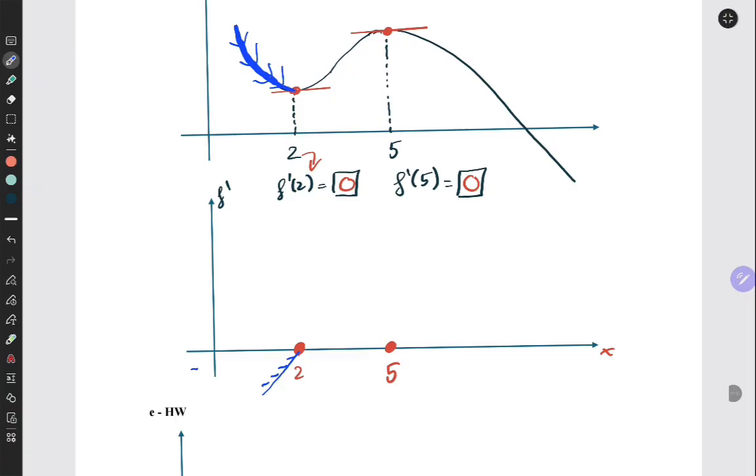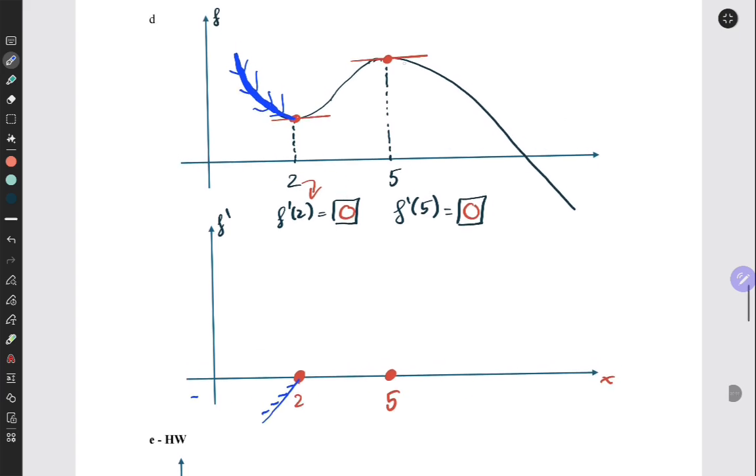Okay. What do we have in here? Correct. Okay. So most of you got the first and the last one correctly. After 5, I also use the blue because it's decreasing. So I know it decreases, decreases, decreases.